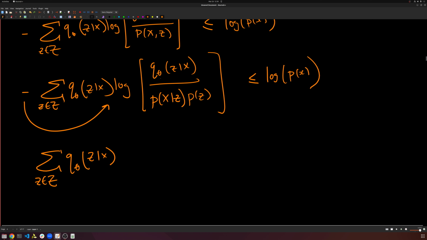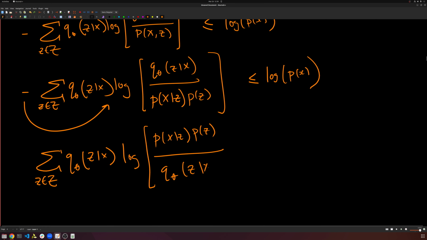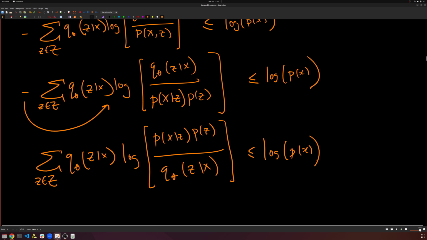And if we put a negative inside the log, that's effectively just flipping the fraction, right? So we're going to do log p of x given z, p of z divided by q theta z given x. And this is less than or equal to log p of x.